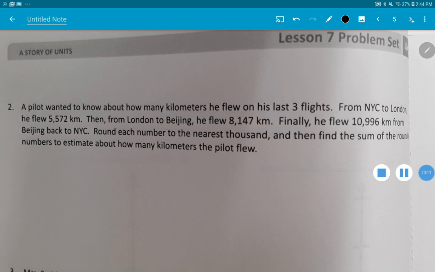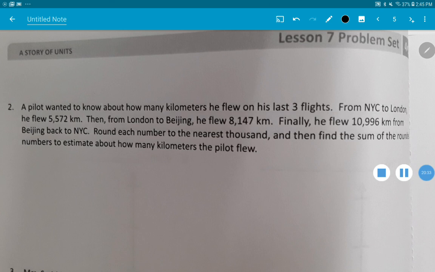Finally, he flew 10,996 kilometers from Beijing back to New York City. Round each number to the nearest thousand, and then find the sum of the rounded numbers to estimate how many kilometers the pilot flew. All right, so let's think about what's happening in this problem.